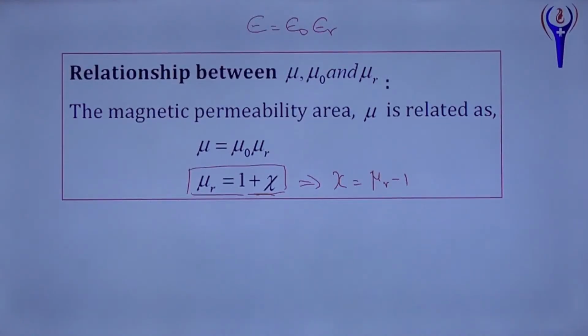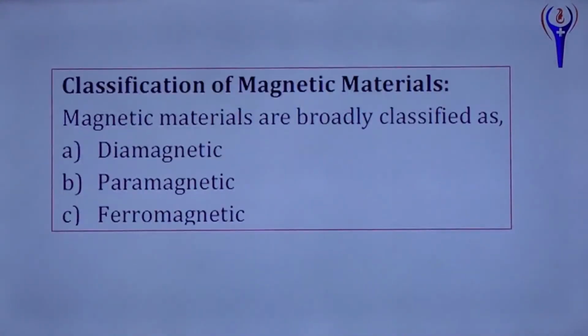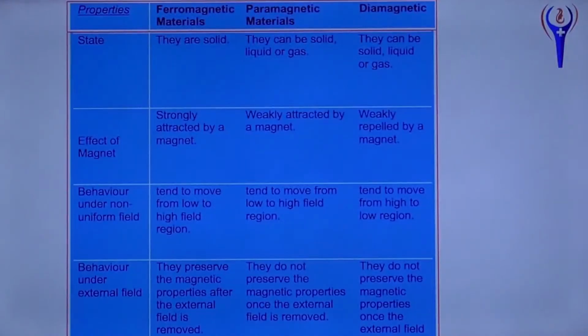Okay. Let's move to next topic. Classification of magnetic materials. Based on the magnetism present or how it behaves in the magnetic field, magnetic lines of force, materials are broadly classified as diamagnetic, paramagnetic or ferromagnetic material. So it's three types: diamagnetic material, paramagnetic material, and ferromagnetic material.